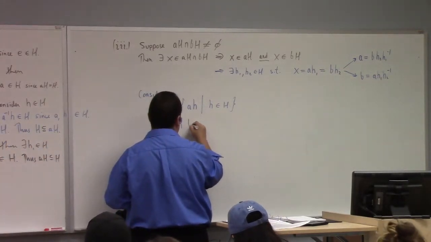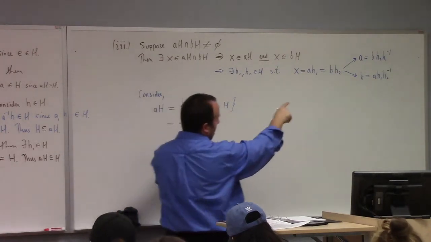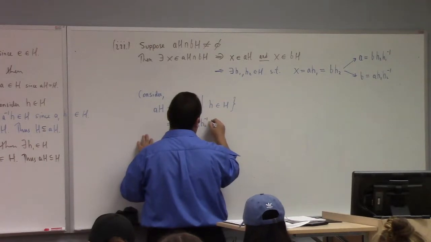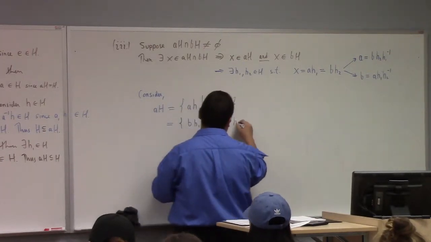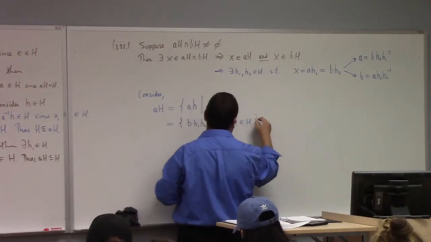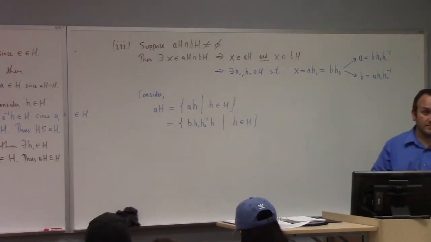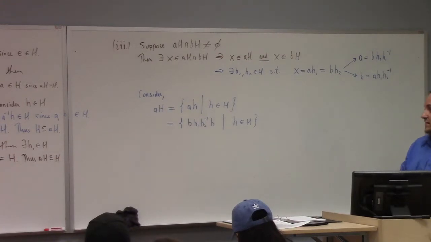We get B H1 H2 inverse H, such that H is in H. Notice that here H1 and H2 are fixed by the previous step in the logic, but the unadorned H is a variable.